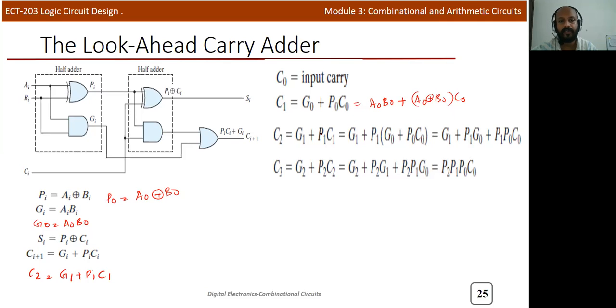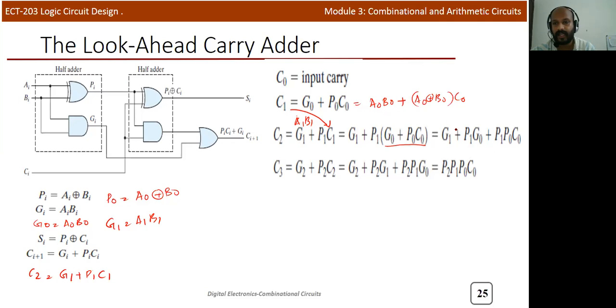Similarly, if you write the second equation, C2 equals G1 plus P1 C1. G1 I can write as A1 B1, and for the second term, C1 I can substitute here. So now it will be G0 plus P0 C0, and you can substitute all these values from the previous case.